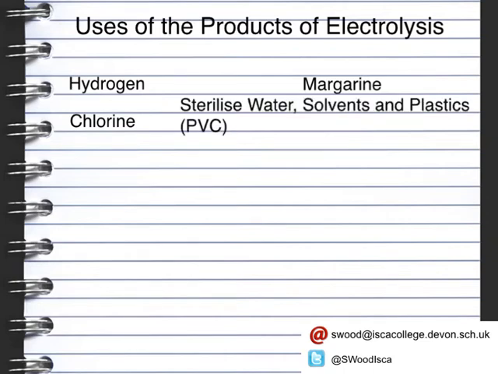Chlorine is used to sterilise water, for making solvents, and for plastics such as PVC. Sodium hydroxide is used to produce soap. You can also take the chlorine and the sodium hydroxide together, and they are used to produce household bleach.